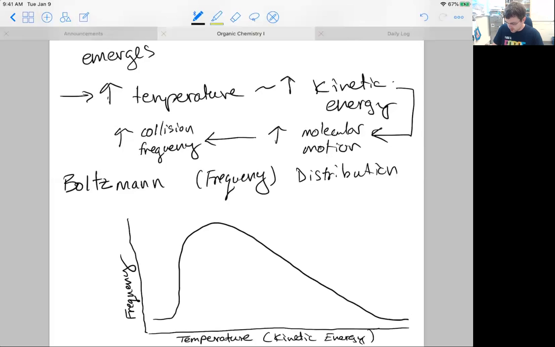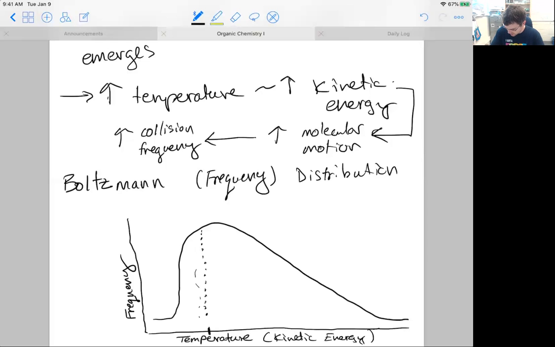If you look at how many of these things have a temperature right here on the x-axis, there might be 1, 2, 3, 4. According to this graph, we're just stacking these right on top of each other. This is kind of like a bar graph of a frequency distribution. So the y-axis is the number of things that have a certain temperature. They can stack on top of each other.